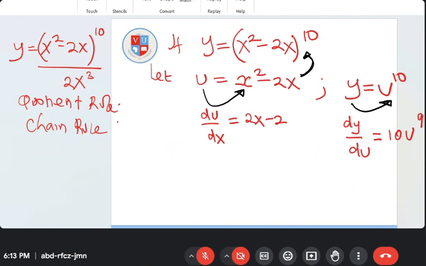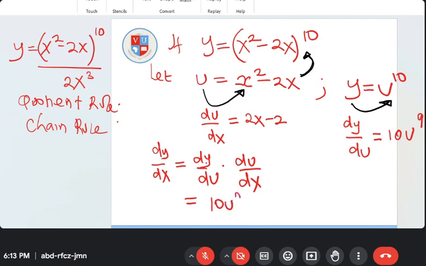Let's first complete this. So here, we know our dy/dx is going to be dy/du times du/dx, which gives dy/du is 10u to the power 9 times du/dx, which is 2x minus 2.